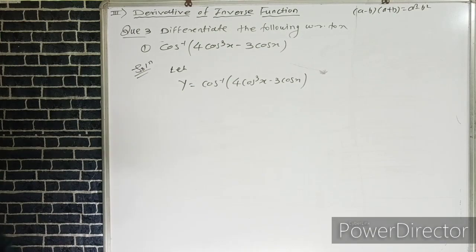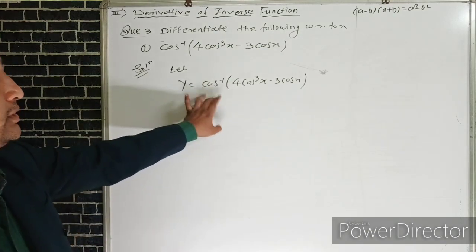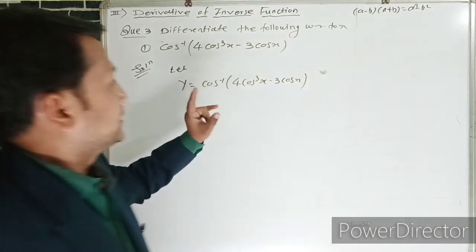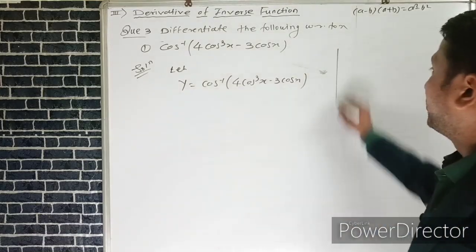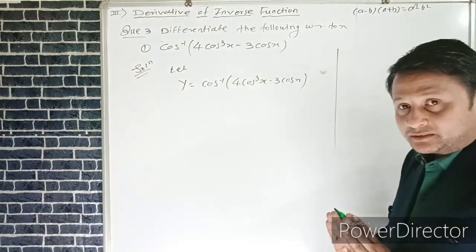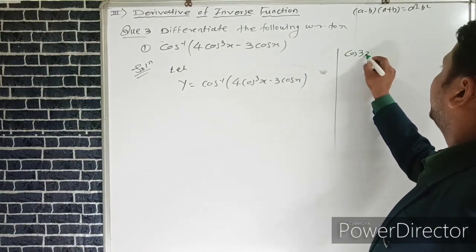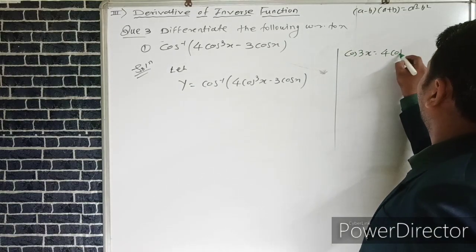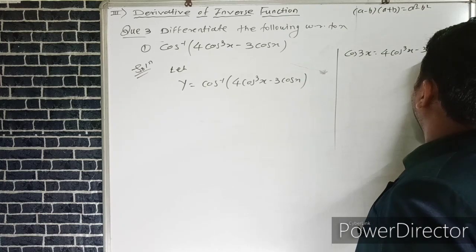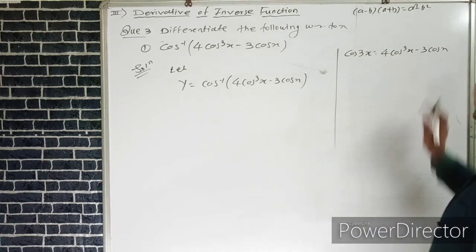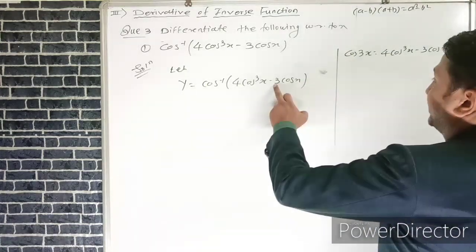If you have to solve this differentiation easily, then you should know the rules of trigonometric functions, and we know that cos 3x is equal to 4 cos cube x minus 3 cos x. Here the given function is 4 cos cube x minus 3 cos x.